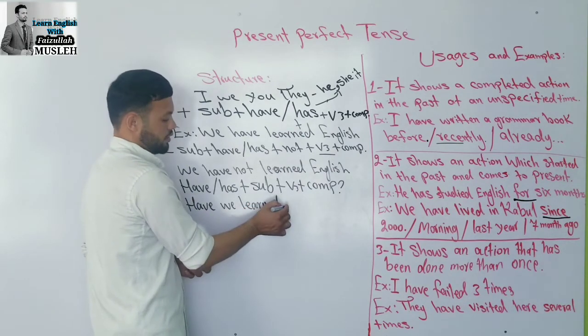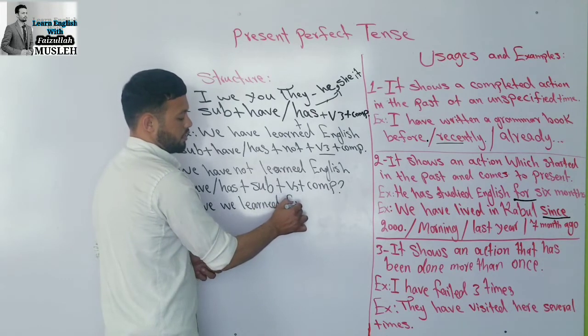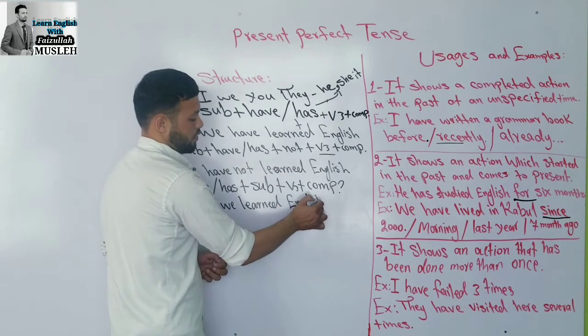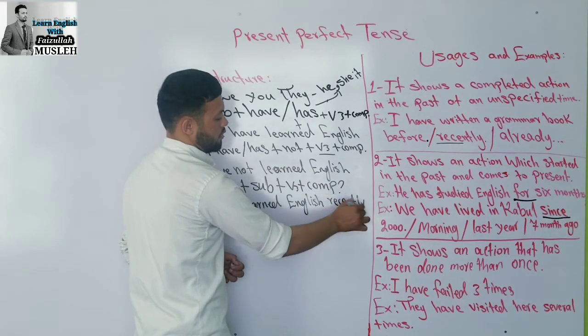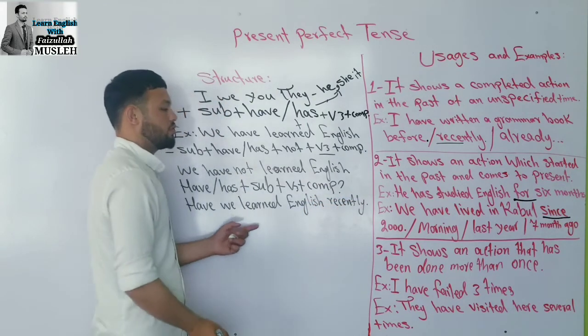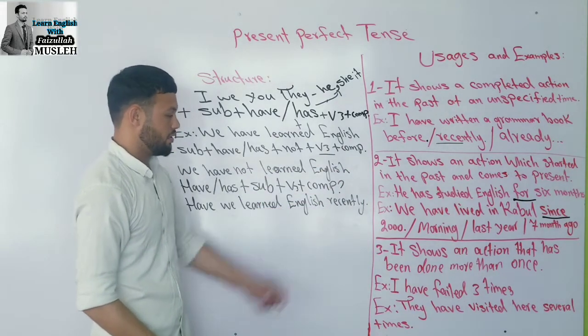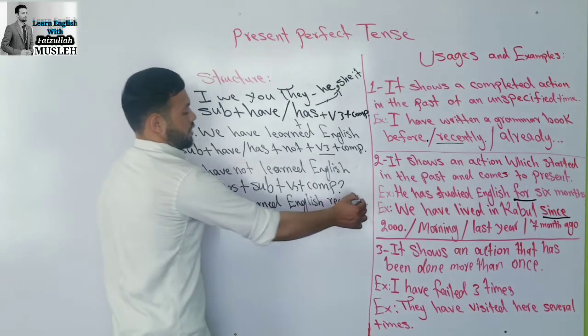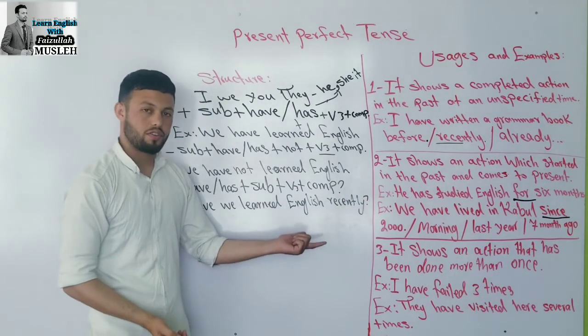And what's the complement? English recently. I didn't write recently there because there was no good space, so here I wrote it. Now, this is a question form. Have we learned English recently?